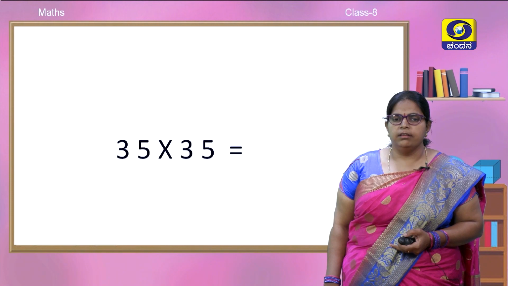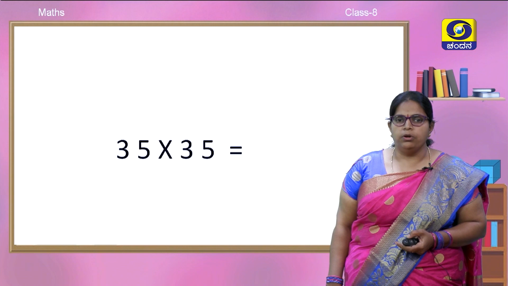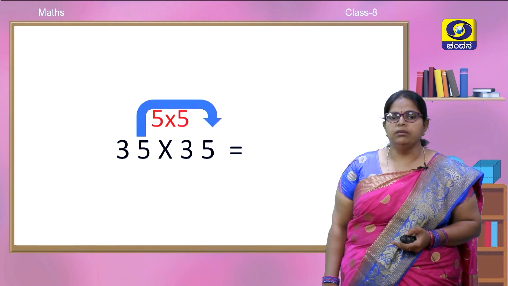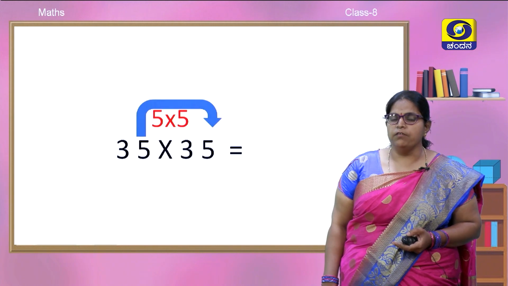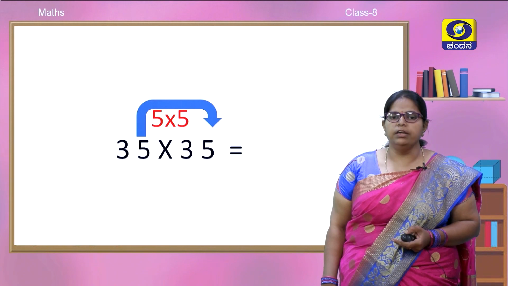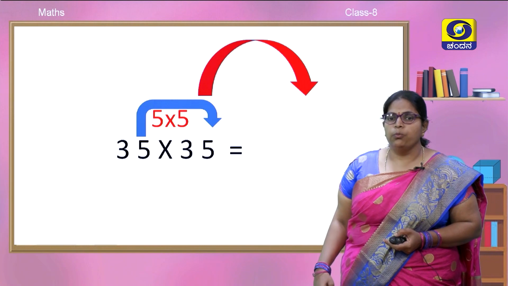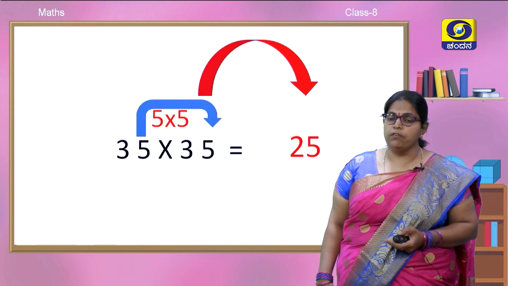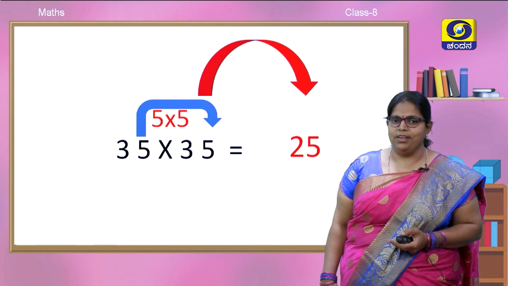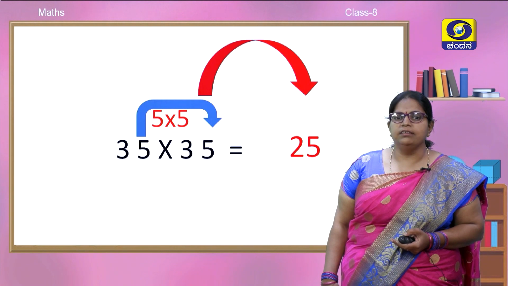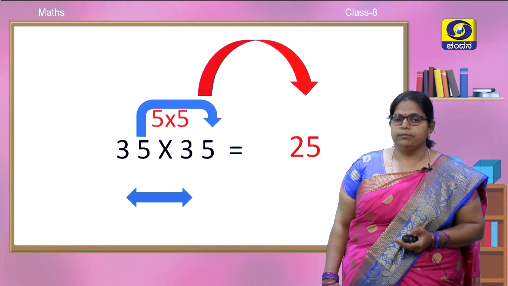Take 35 into 35. Here, what is the number in the ones place? 5 and 5. Find the product and write it in the ones and tens place of the product. Now, what is the number in the tens place? 3.